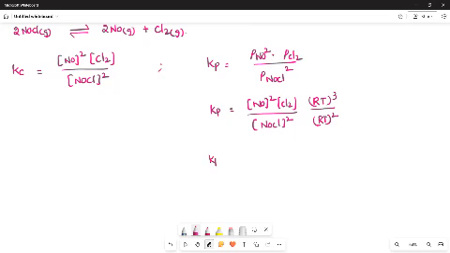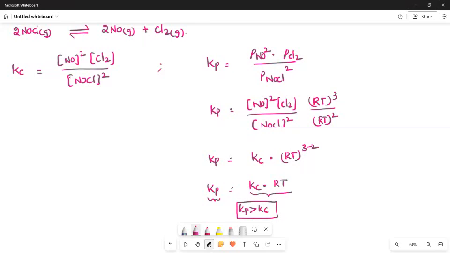So Kp is equal to Kc into RT power 3 minus 2, that implies Kp is equal to Kc into RT. The value of Kp is the product of Kc, the universal gas constant and temperature. Therefore, Kp is greater than Kc.